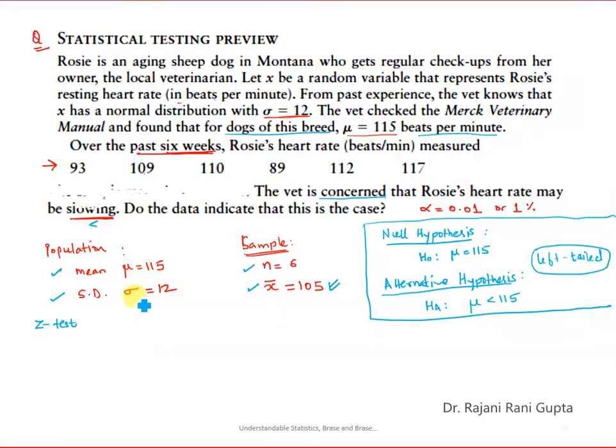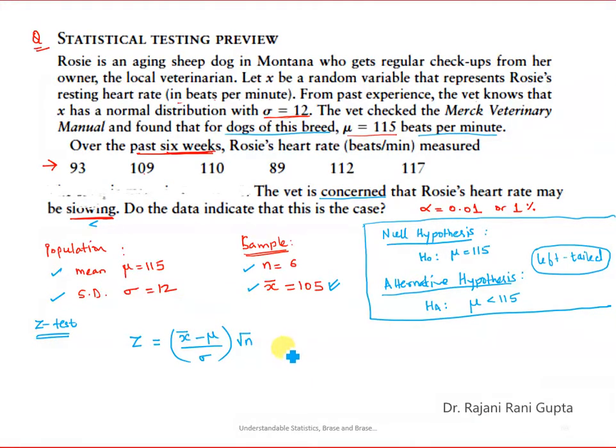Now you have these quantities: mu, sigma, n and x bar, and we know that we have to use the z-test. So calculate the z value, which is x bar minus mu over sigma multiplied by square root of n.